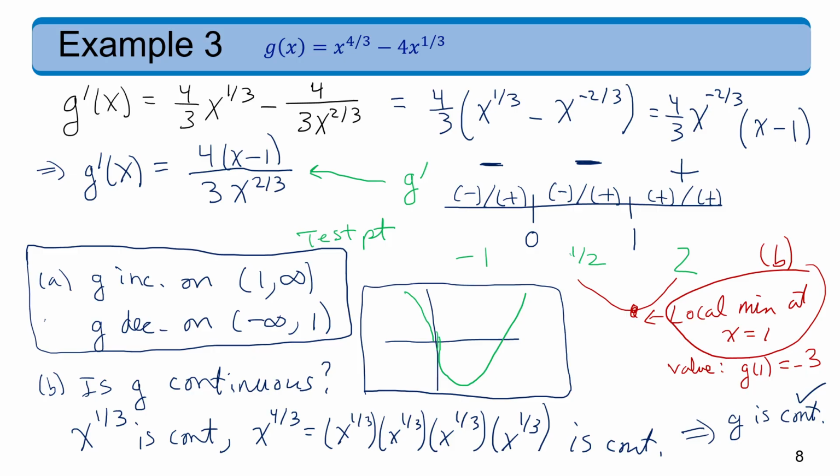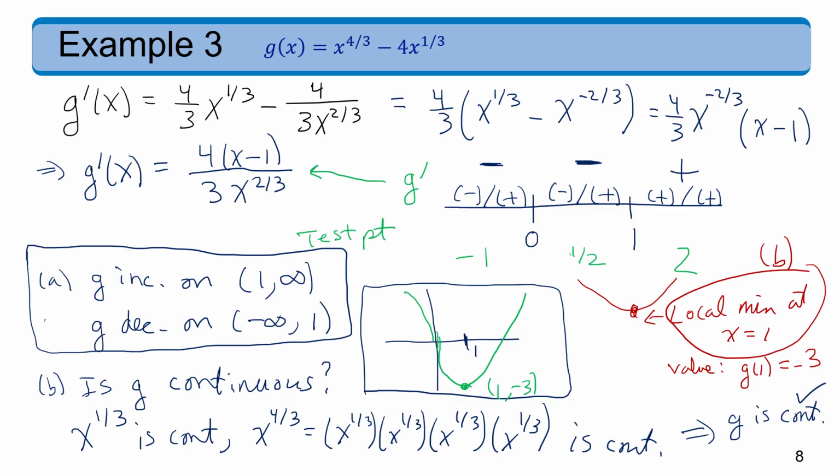That's the basic shape. And this point here is the ordered pair (1, -3). In other words, x coordinate 1 is right above that point.